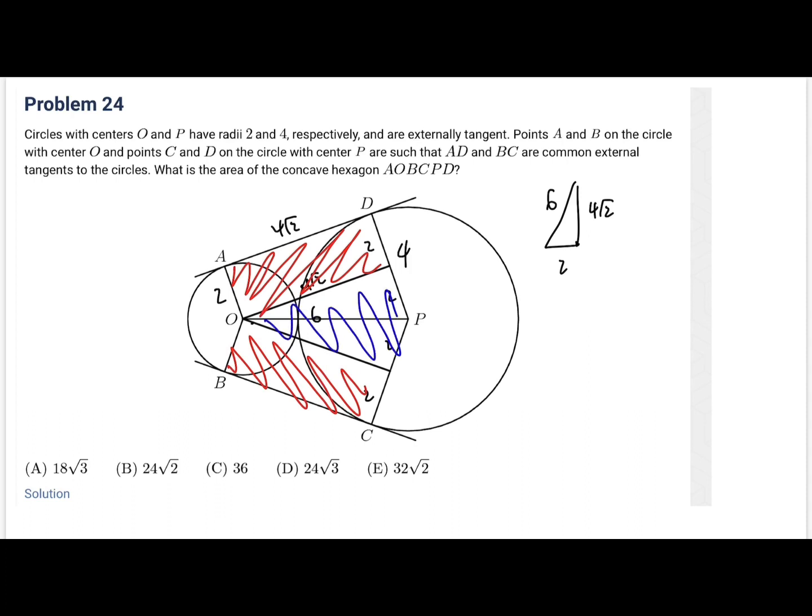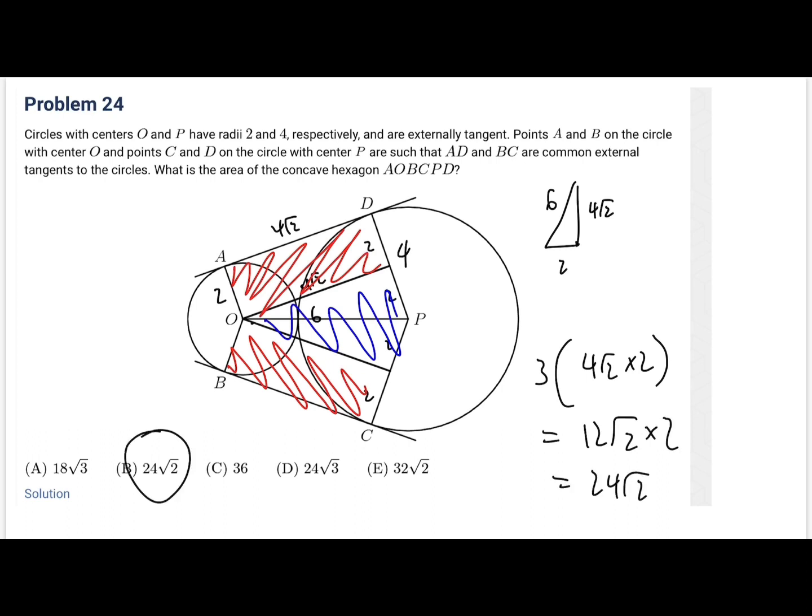So it's 3 times 4 root 2 times 2. So this is 12 root 2 times 6, it's 72 root 2. No, it's not. 12 root 2 times 2, which is 24 root 2, so it's B.